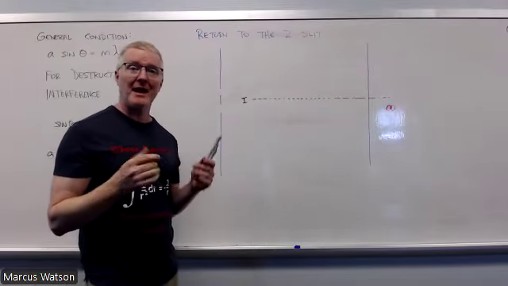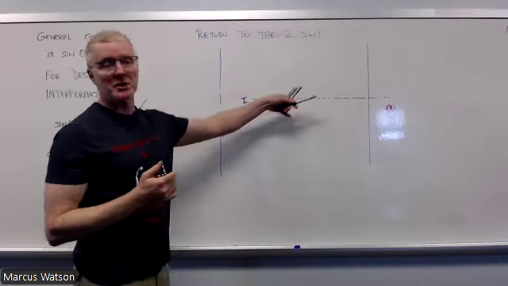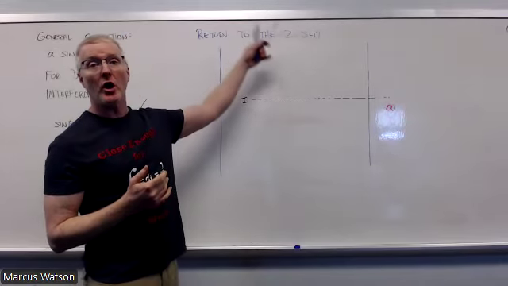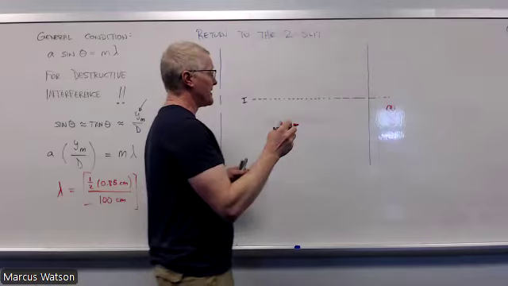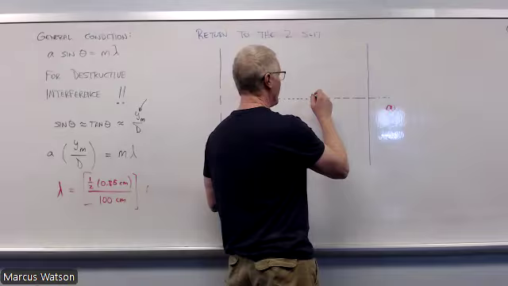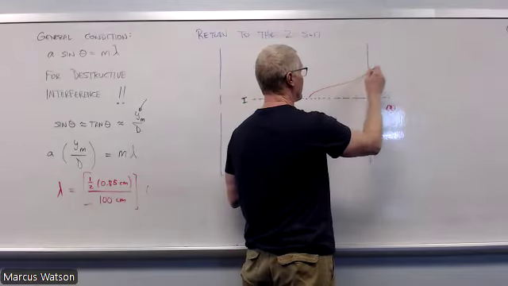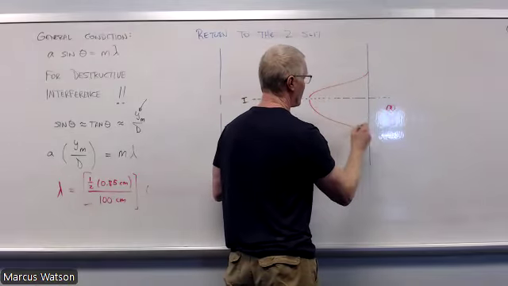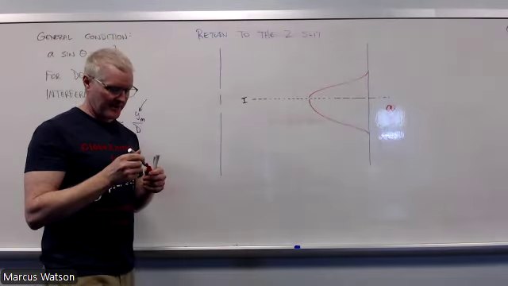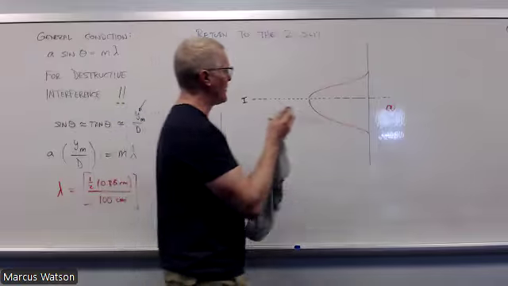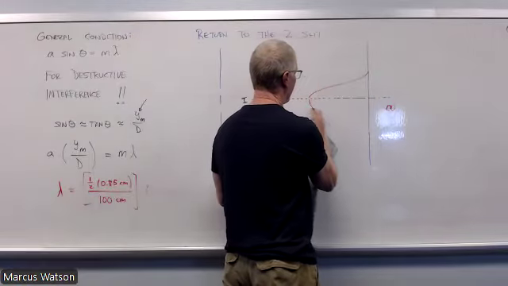I'm going to try and plot the intensity as a function of where on the screen we are. So you'll notice that the central bright should be quite big, and lo and behold, it is. Okay, like so. And that is a little bit lopsided. I don't want it to be too lopsided.